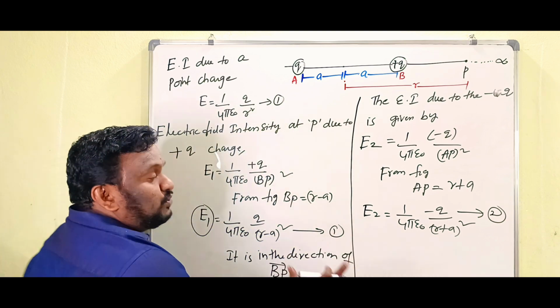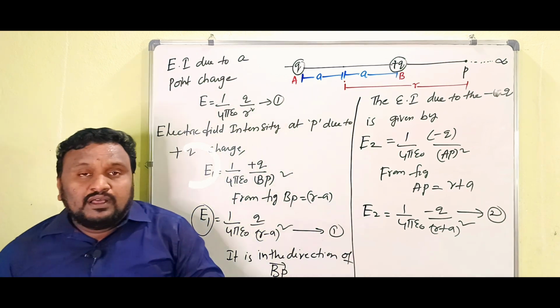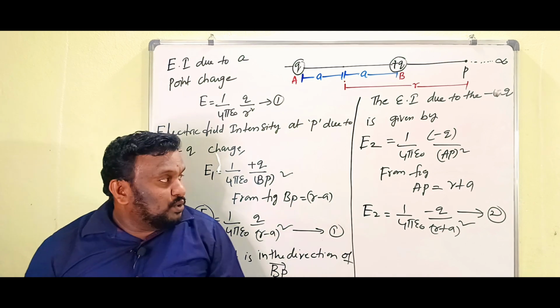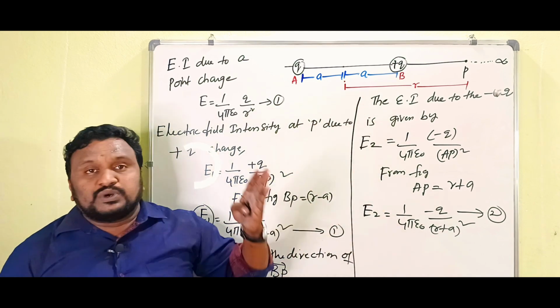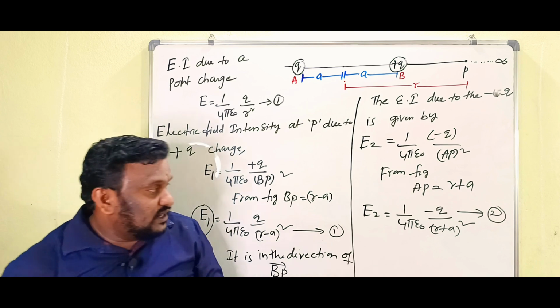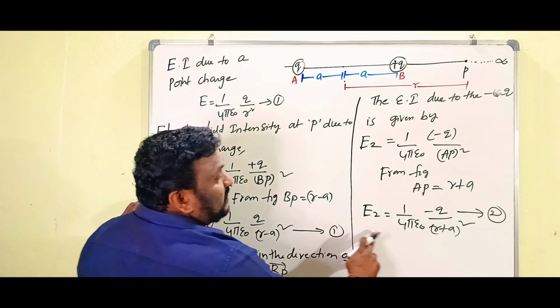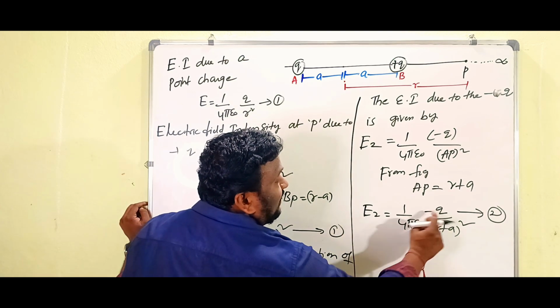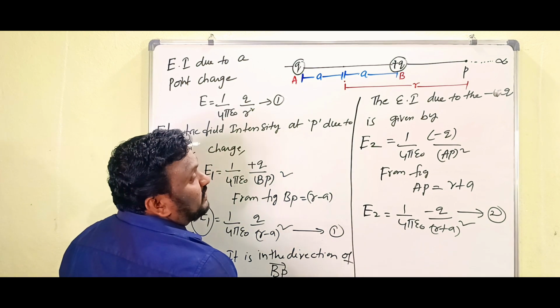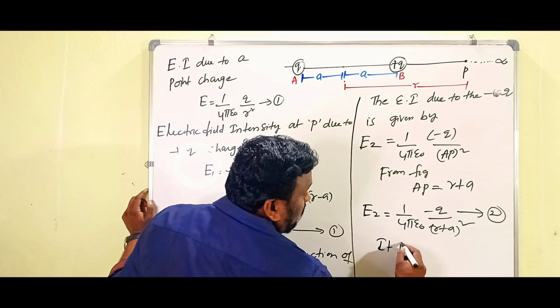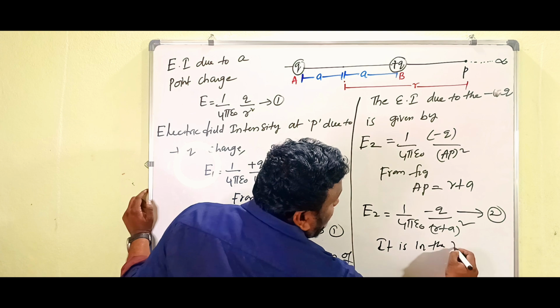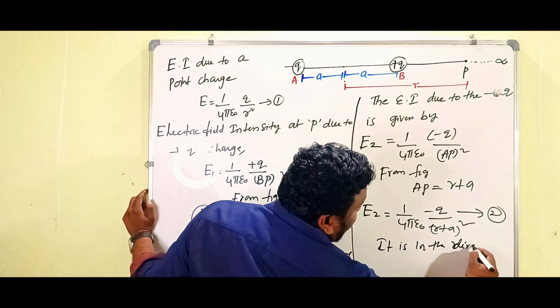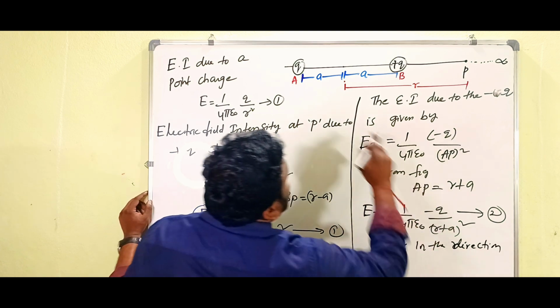So children, the board is not much spacious. That's why, before we go on with the derivation, you must note this down. After noting it down, we will continue, okay? So here E2 is equals to 1/4 pi epsilon naught minus q by R plus A whole square, and it is in the direction of... this is a minus q charge.